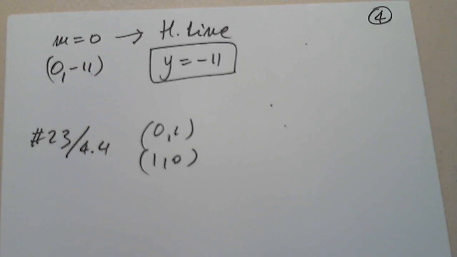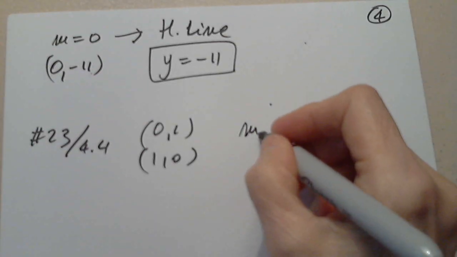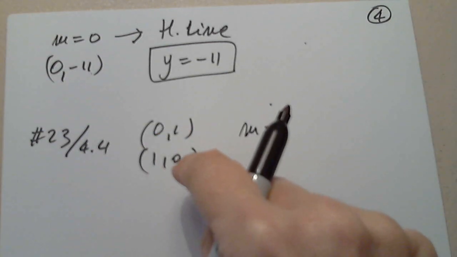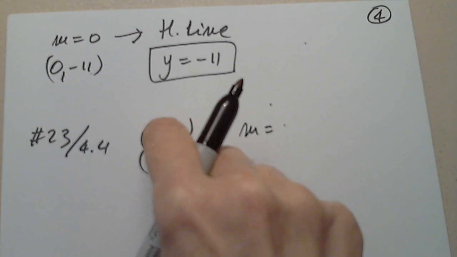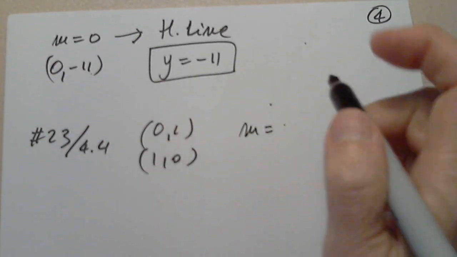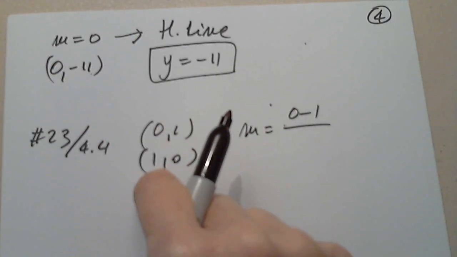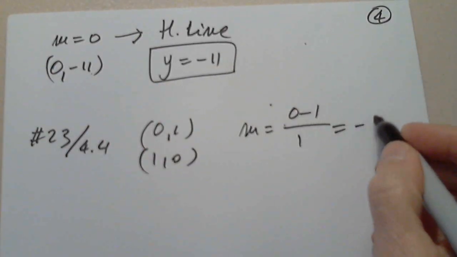So, can anyone determine the slope, first of all? Negative. Negative what? Negative 1. Good. So the slope is y2 minus y1 over x2 minus x1. y2 minus y1 is 0 minus 1, and x2 minus x1 is 1 minus 0. Indeed it is negative 1.